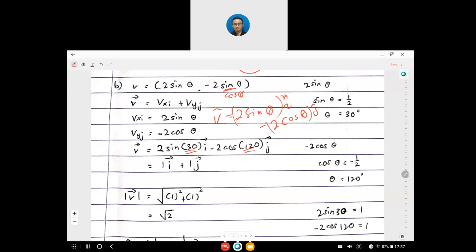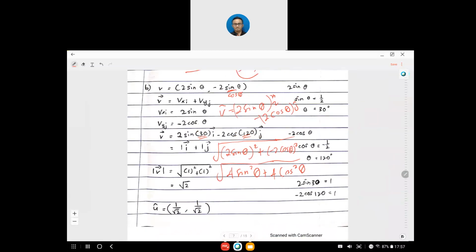Okay, lepas tu cari magnitude. Okay, magnitude awak akan dapat berapa? Square root of 2 sin theta squared plus negative 2 cos theta squared. Expand this one, awak akan dapat 4 sin square theta plus 4 cos square theta.